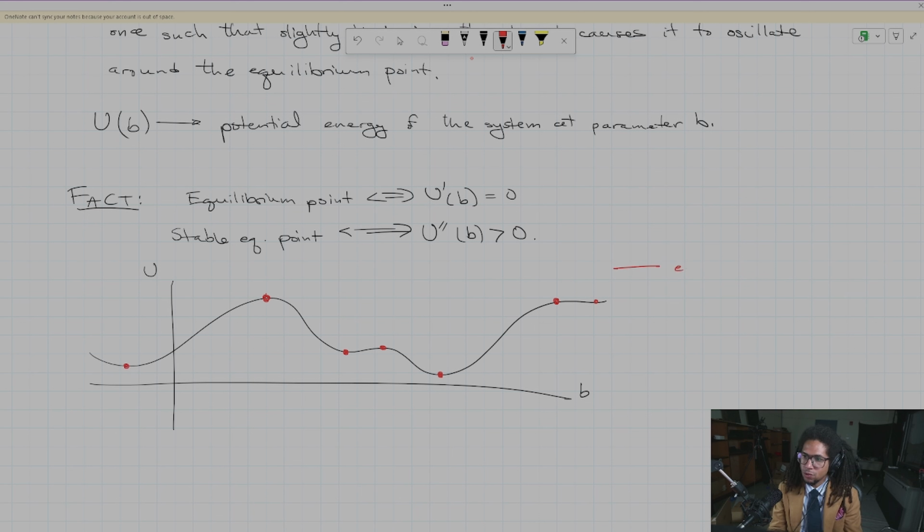Where are the equilibrium points? Let me see, like that. The stable equilibrium points are the places where it looks like an upward facing parabola, in other words, where it's concave up. So this is a stable equilibrium point, and this is.